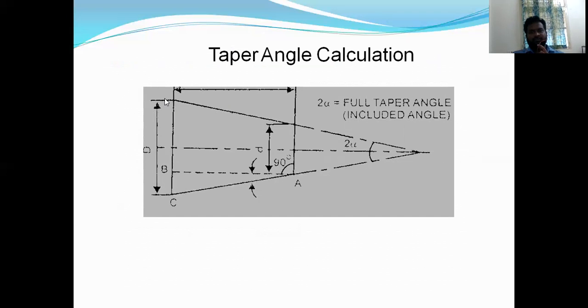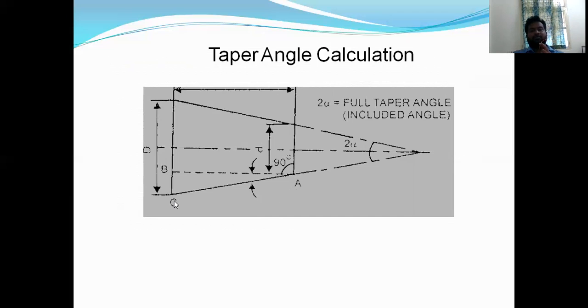We are observing that this is an already shaped workpiece, but just assume our workpiece runs from here to here with a single diameter, D. Here in the figure it is already a taper shaped workpiece, with major diameter capital D and minor diameter small d, but before this process it has only the diameter capital D, right?